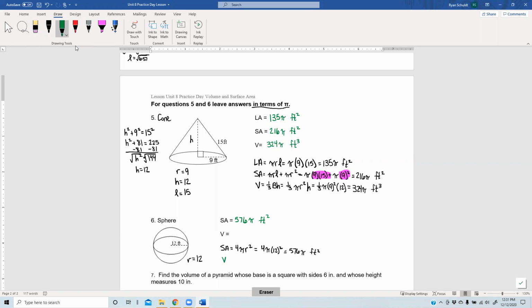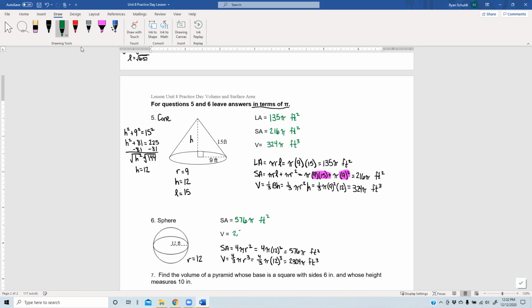And for volume, wrong color. Volume. We need to do 4/3 pi R cubed. So 4/3 pi, radius is 12 cubed. Okay, we put everything but the pi in the calculator, we'll get 2304 pi feet cubed.